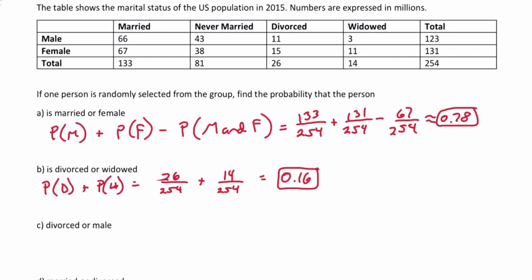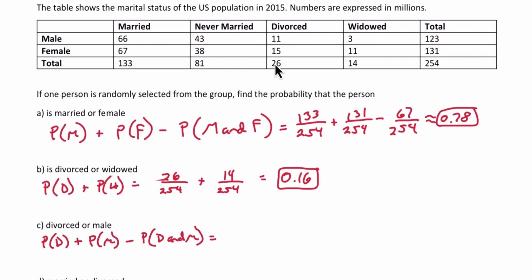Probability of divorced or male. Those two events can occur at the same time, meaning they are not mutually exclusive. We have the probability of divorced plus the probability of male minus the probability that they are divorced and male.